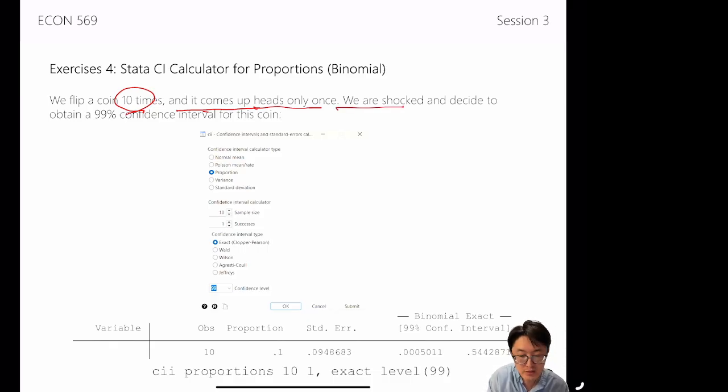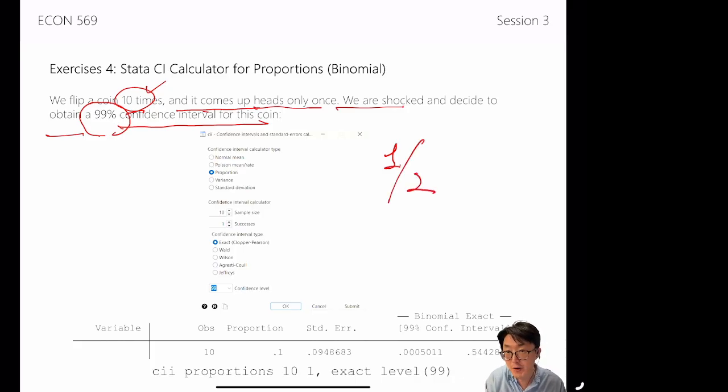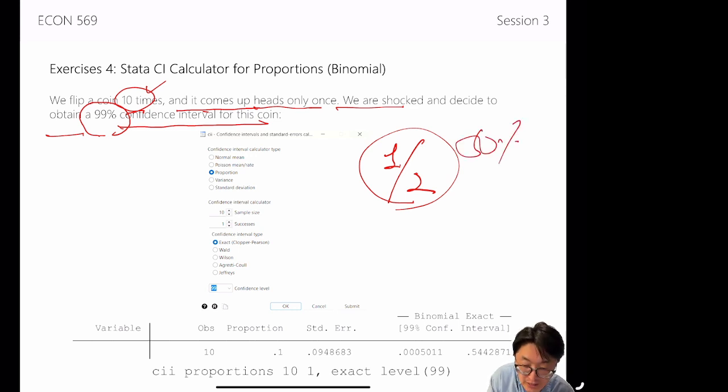So you are shocked and decide to obtain a 99% confidence interval for this coin. And now you're interested in whether this coin is fair. If this coin is fair, then your expectation is what? A 50% chance of winning. So 50%. Then we know you should use proportion. It's either head or tail, 1 and 0, success, failure, win or lose.